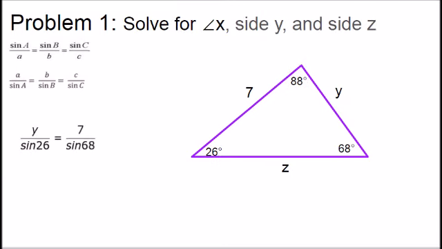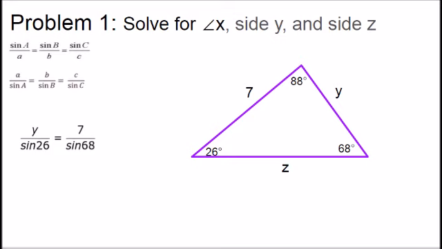So we have y over sine 26 equals 7 over sine 68, because that is the only proportion that we can have with both sides of the information, because we have a side and an angle measure. And when you're setting up the proportion, the sine always goes with the angle measure.